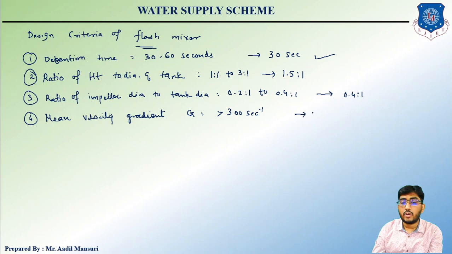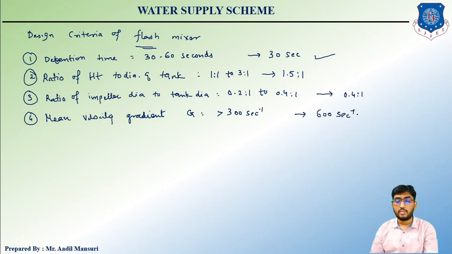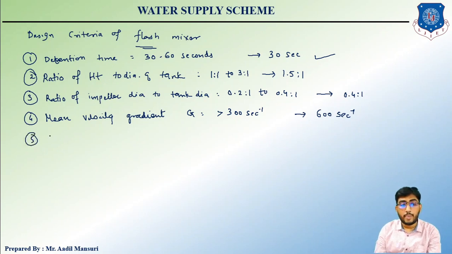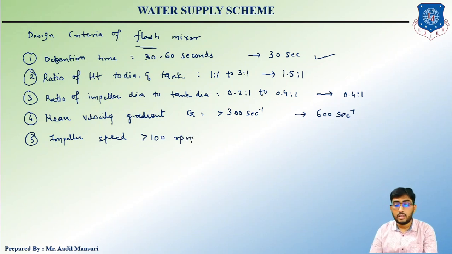What you can go for is 600 per second. Okay, then fifth one, impeller speed. This should be greater than 100 rpm. What you can go for is 120 rpm.